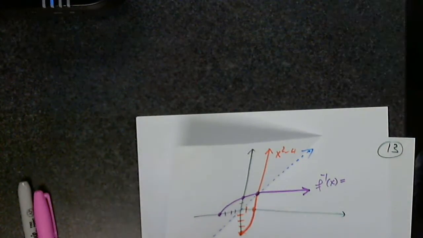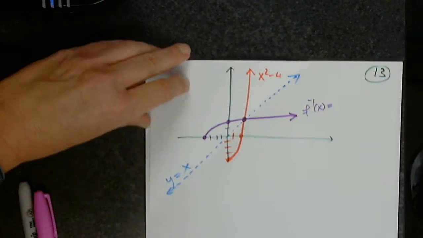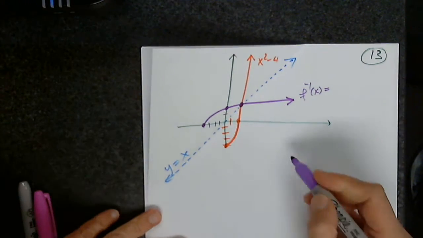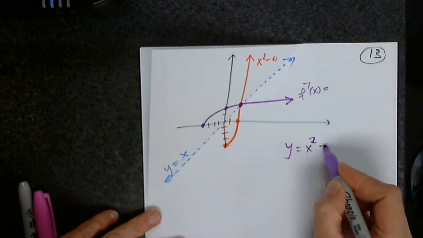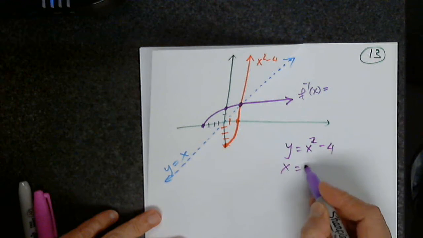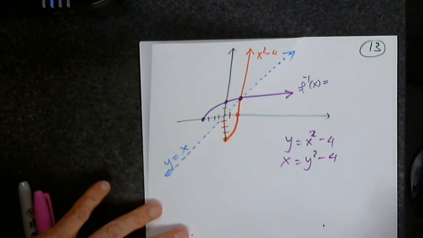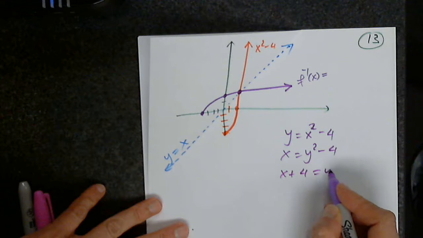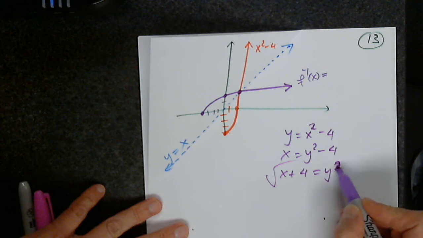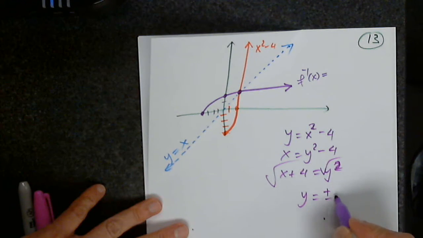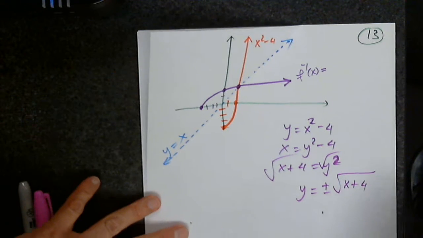Good. So now let's find the inverse. So I have y equals x squared minus 4. Then x equals y squared minus 4. Then I have to add 4. And now I take the square root. And I get y equals plus or minus the square root of x plus 4.